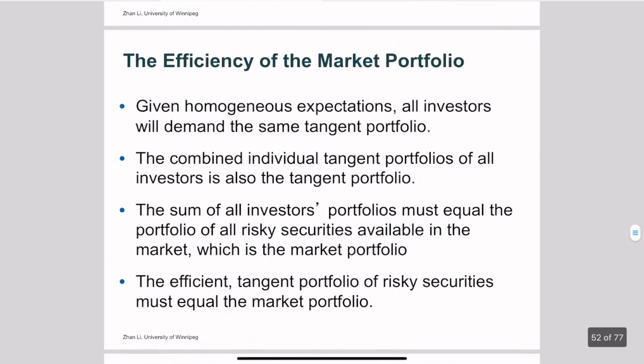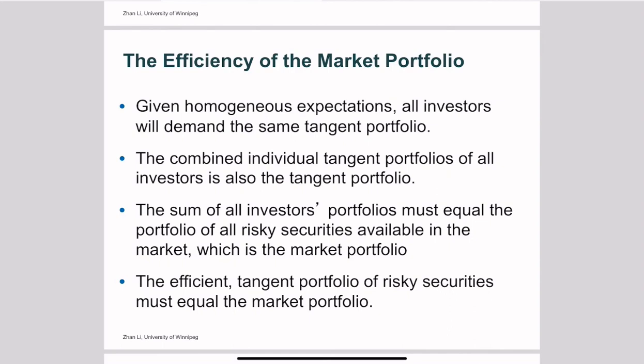Okay, now, under these three assumptions, we could reach the result. That is, the market portfolio is efficient. So why? Well, this page gives you the reasoning here. Roughly speaking, the market portfolio is efficient. This is because, first, we know that all investors will hold the same efficient portfolio.